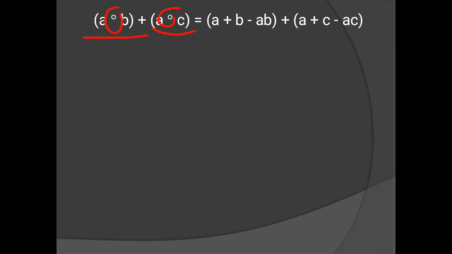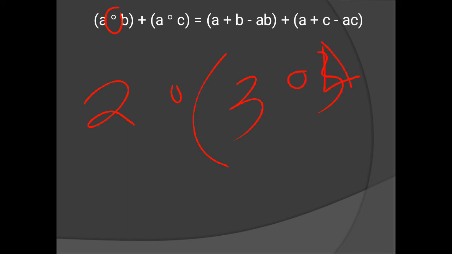Just like we keep saying, if you see operation 2, operation 3, operation 4, you solve what is in the parentheses first. But over here, we have two parentheses, so it's the same thing. We solve the two parentheses together, at the same time.